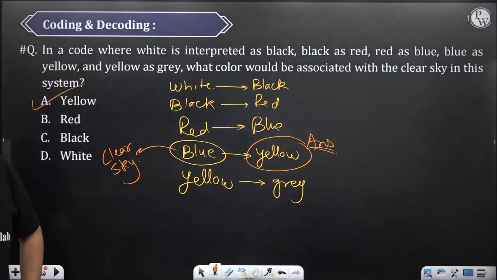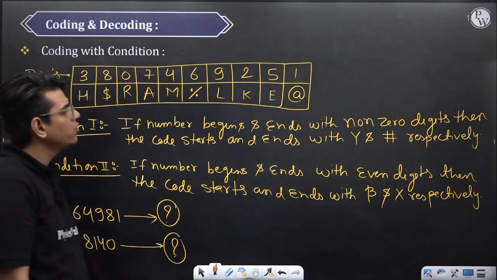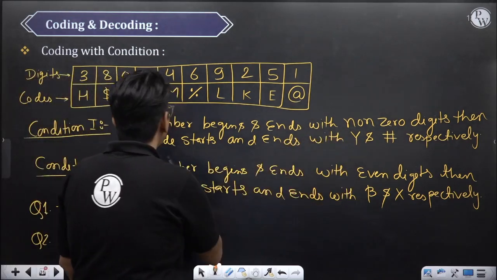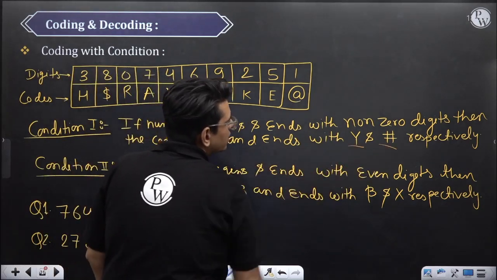Next is coding with conditions. Let's see what it is. Coding with condition is nothing but, suppose digits and their codes are given. Apart from these, there are conditions. If the number begins and ends with non-zero digits, then the code starts and ends with y and hash respectively.